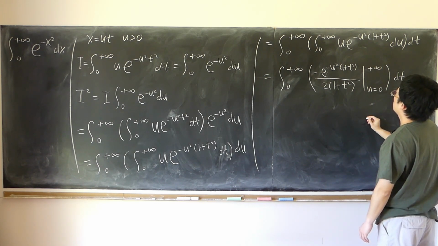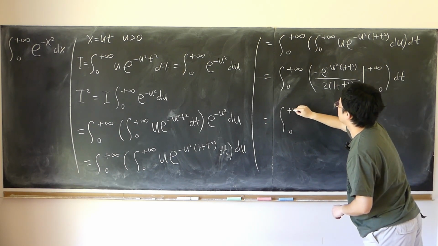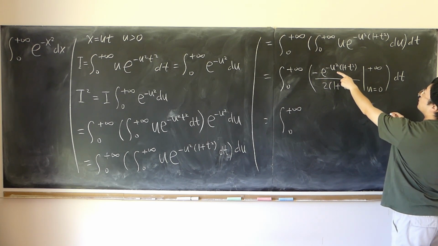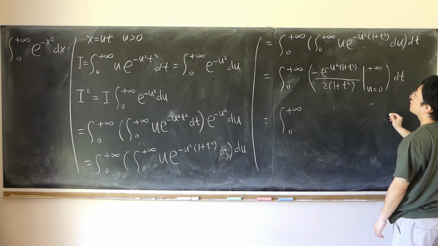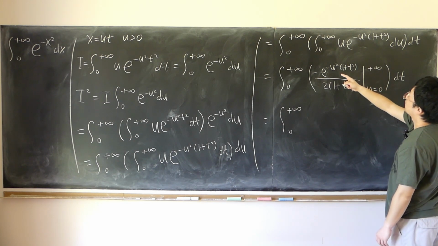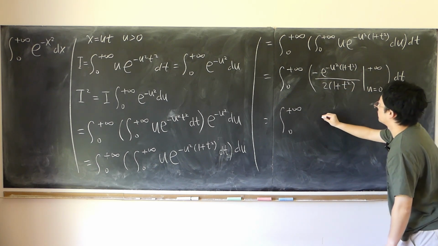So u from 0 to positive infinity. At positive infinity, u e to the negative infinity just tends towards 0. So this is fine. When u becomes 0, 0 times e to the 0 is 0, and negative times negative becomes positive.